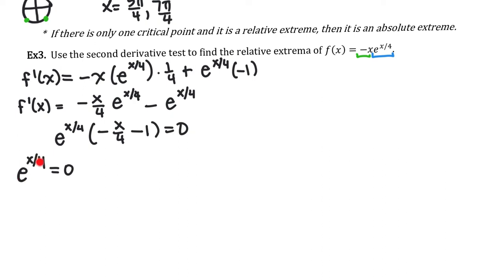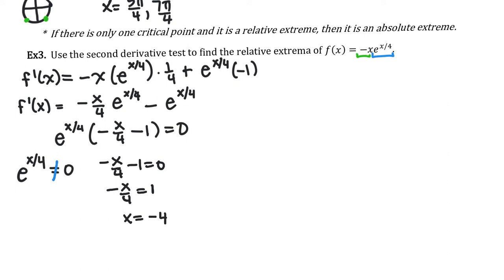Now e to the something can never equal 0. Even if I put a negative value in for x, it's going to make it a fraction. It's not going to make it equal 0. So this equation has no solution. So let's solve the other one. So I get x equals negative 4. So there's only one critical number here.